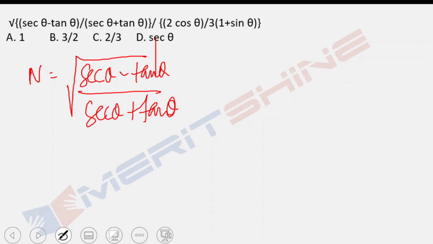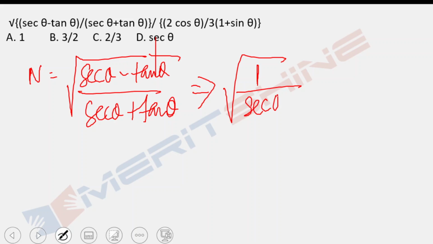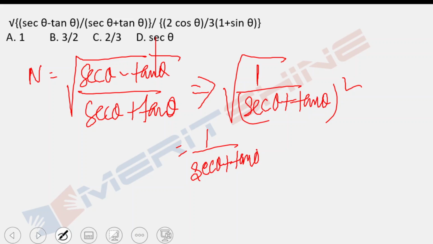Now this is a very simple case because you already have sec theta minus tan theta. So if I multiply the numerator and denominator by sec theta plus tan theta, the numerator becomes 1, because it would become sec square theta minus tan square theta, which is 1, and the denominator would become sec theta plus tan theta whole square. So the numerator becomes 1 by sec theta plus tan theta.